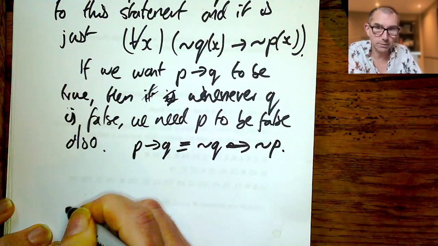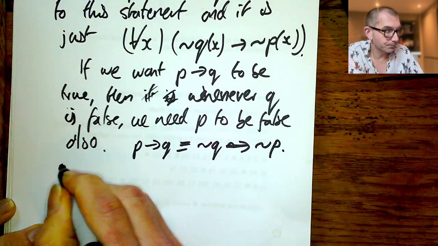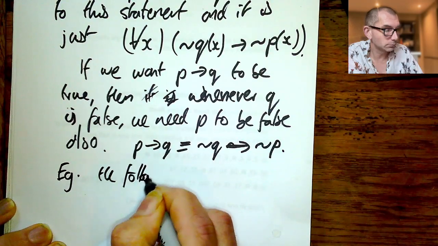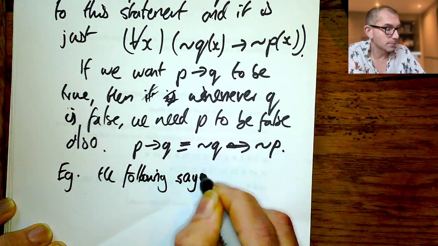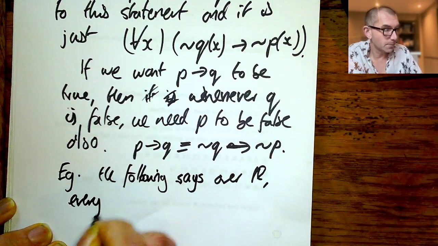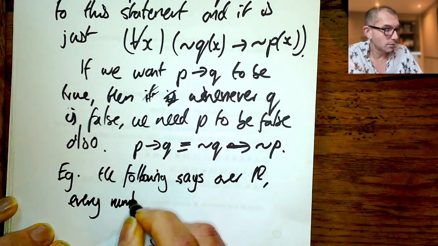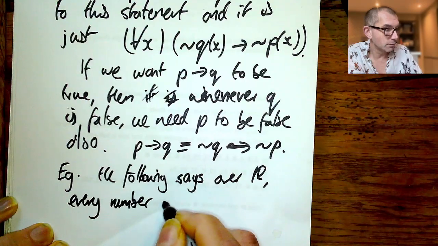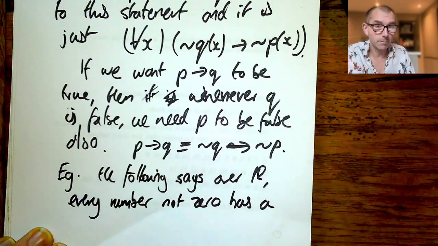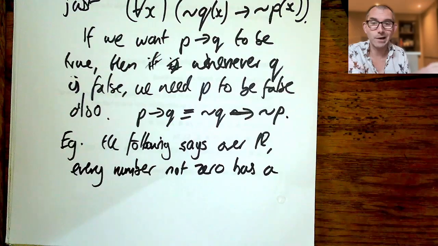Okay, and I'll write down an example of something like that in a second. Or perhaps I'll just do it now. So, for example, the following says over the reals, every number that's not 0 has a multiplicative inverse, so something where you can multiply it by and get 1.